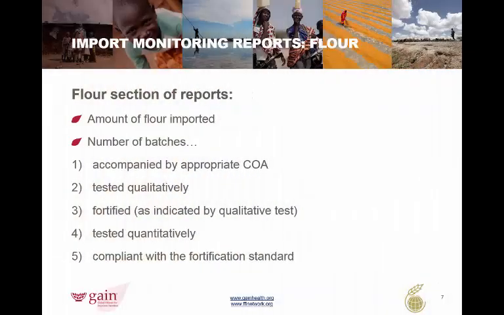The flour section of the report should include these items: the amount of flour imported, the number of batches that were accompanied by an appropriate certificate of analysis or COA, the number of batches that were tested qualitatively, the number of batches that were fortified as confirmed by a qualitative test, the number of batches that were tested quantitatively, and the number of batches that were fortified in accordance with the fortification standard based on the quantitative test results.